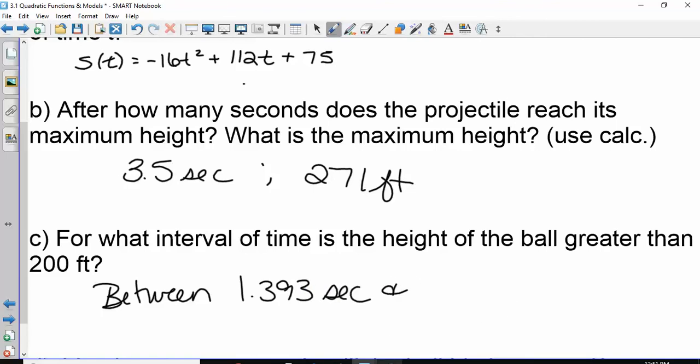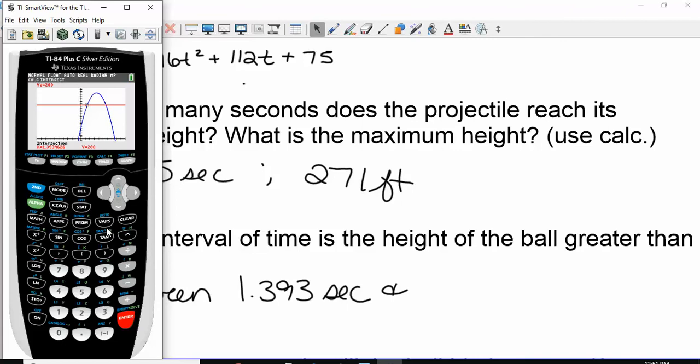So now to find the other one, we repeat that. We're going to go to second, trace, intersect again. First curve, just hit enter. Second curve, just hit enter. But for your guess, now you have to get closer to the second point.